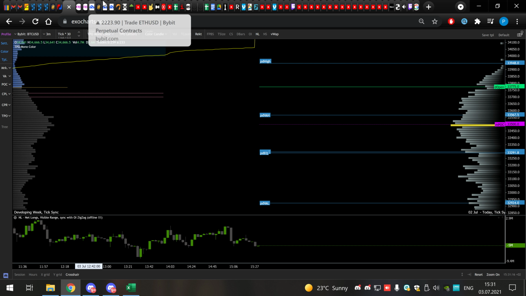Now we need to go to range point of controls. When Bitcoin is not trending, you need to be aware of strong range point of controls. Let's have a look how we find them. Okay. Now, we can switch to 1 hour chart.